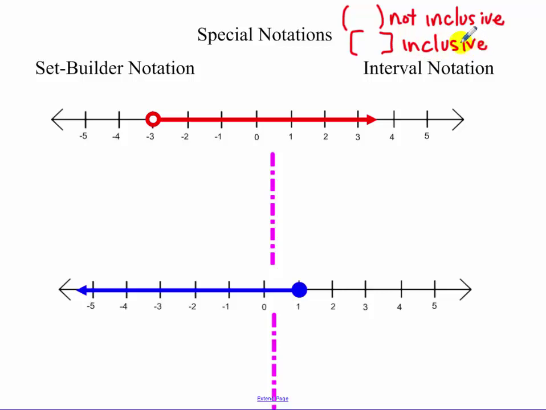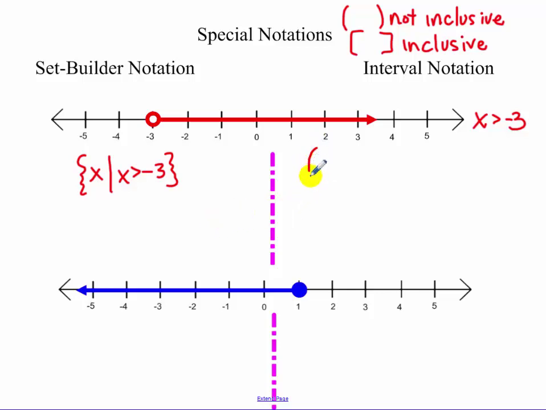When we have it in brackets like that, it means that I do include the endpoints. So looking at this inequality, x is greater than negative 3. As we already talked about in set builder notation, it's x such that x is greater than negative 3. Set builder is kind of easy because all you have to remember is that it's these types of brackets. Now, in interval notation, you're giving me essentially the interval for x.